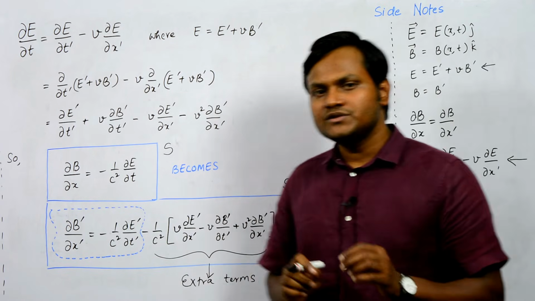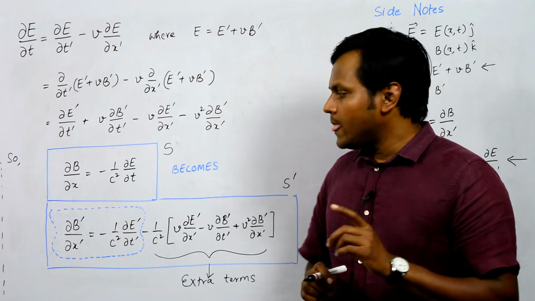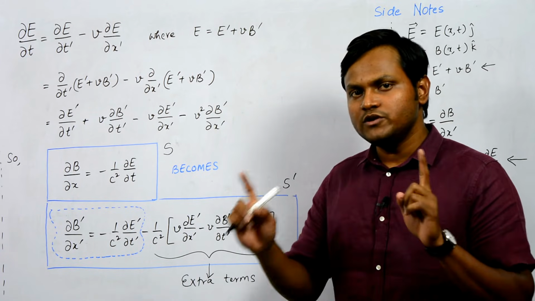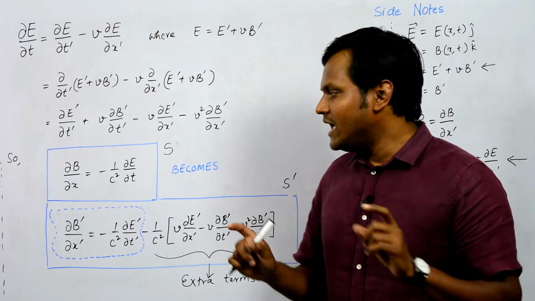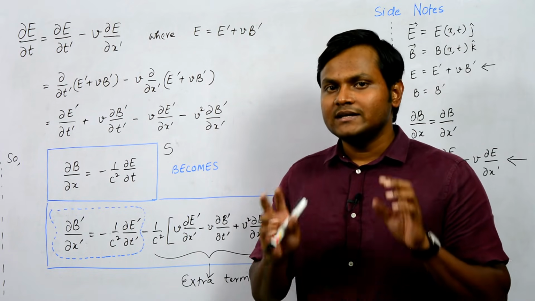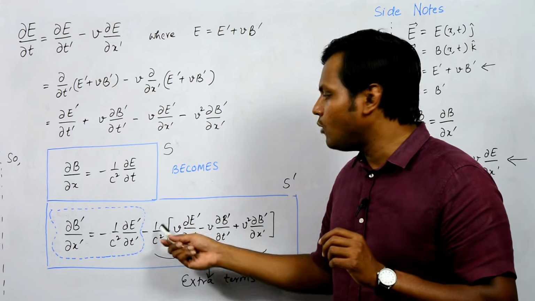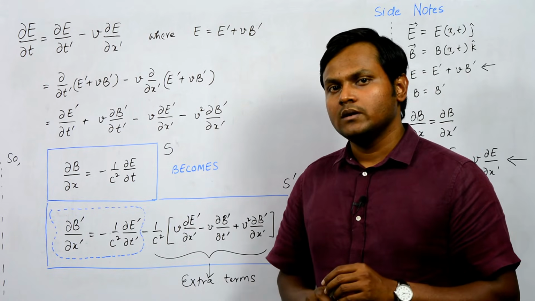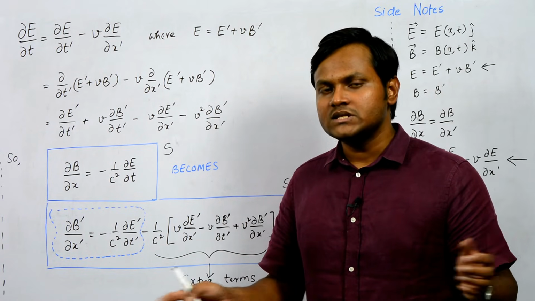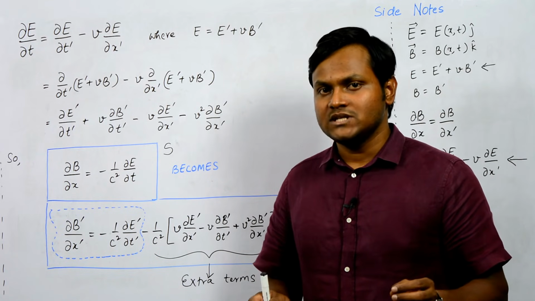Now this constitutes a very big problem, because it suggests that if there are two observers in two different inertial frames of reference and they are both studying some sort of an electromagnetic event, then both of them will have to use two different forms of Maxwell's equations. That means if there are an infinite number of inertial frames of reference, there are going to be an infinite variations of the Maxwell's equations.